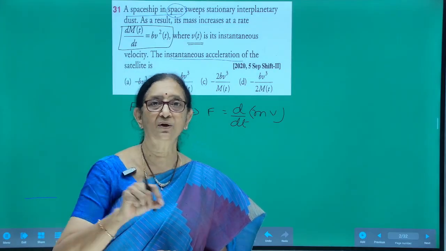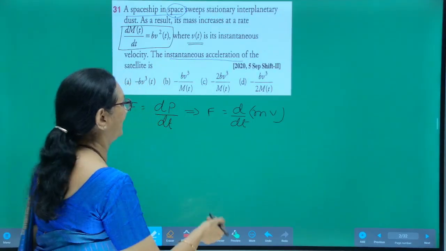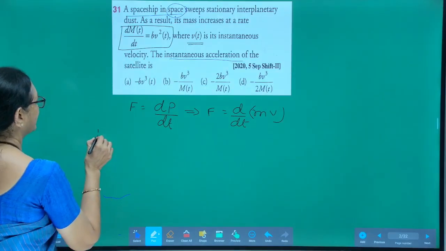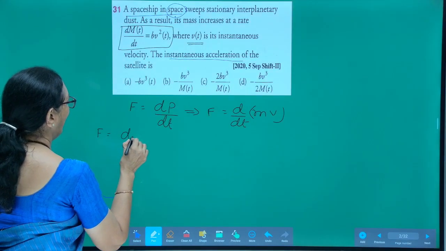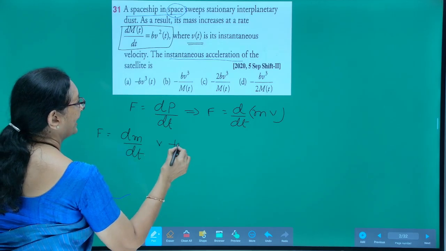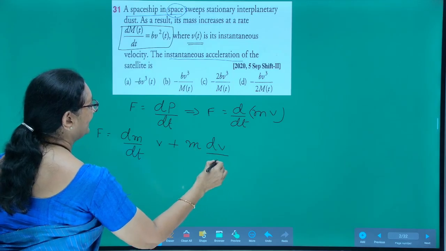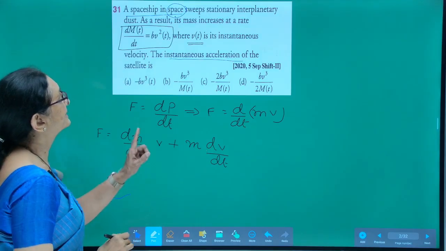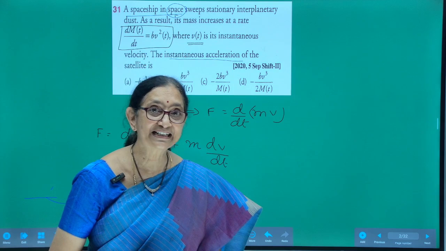Here m is also changing with time, velocity is also changing with time. So on differentiation, F is equal to dm by dt into v plus m into dv by dt. Okay, see here the most important word, as I said, is in space.